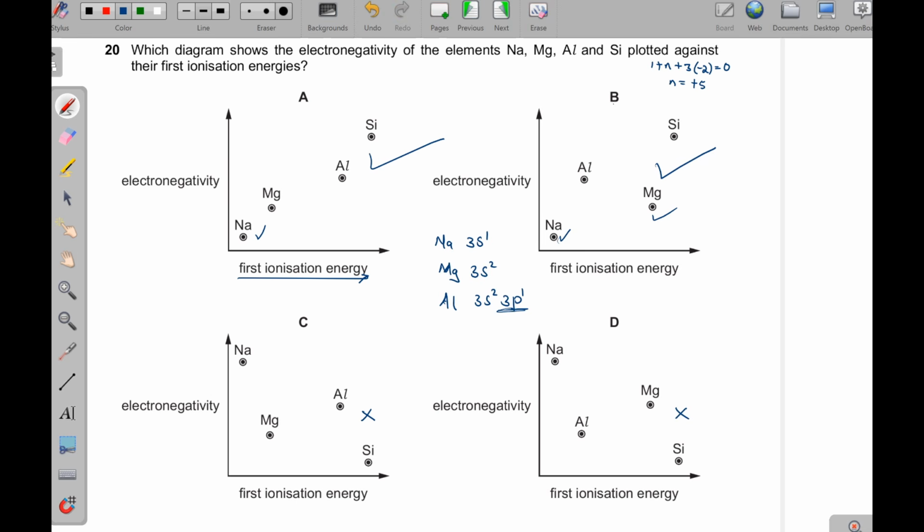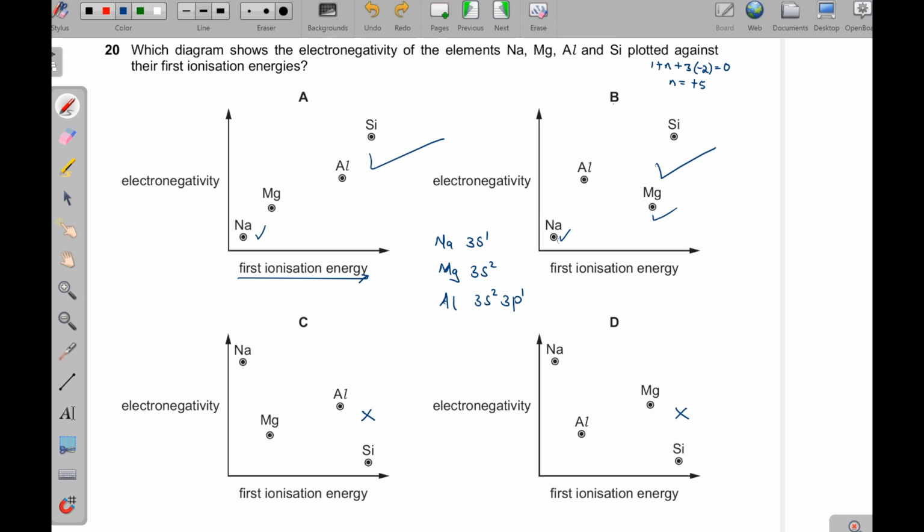In other words, there is increased shielding. It's a slight change because these two are relatively similar in energy. P is just slightly above the S. Now, because of the slight increase in the shielding, we are going to have the ionization energy of aluminium being lower than that of magnesium. You see that?